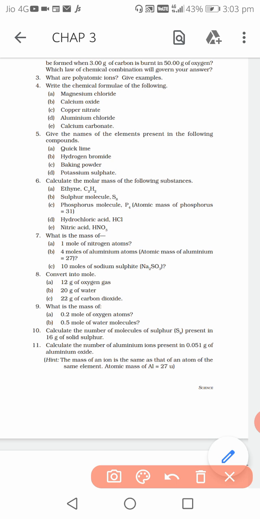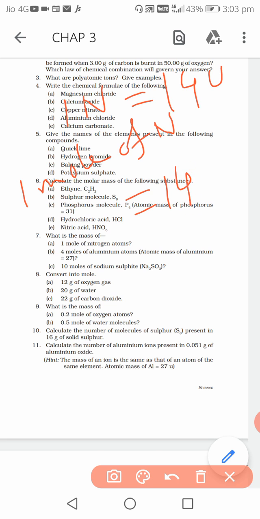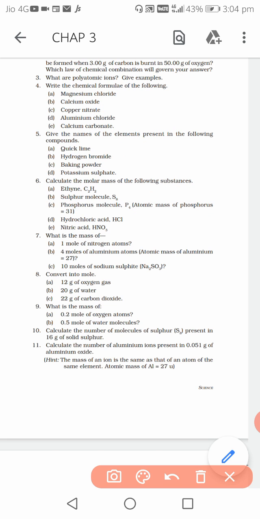We know the mass of one nitrogen atom is 14 u. So the mass of 1 mole of nitrogen will be 14 gram. The number remains the same, just the unit becomes gram, for 1 mole. So this is the answer.